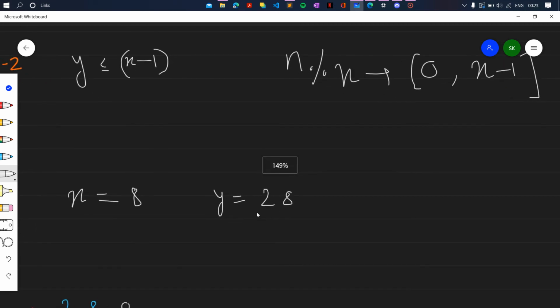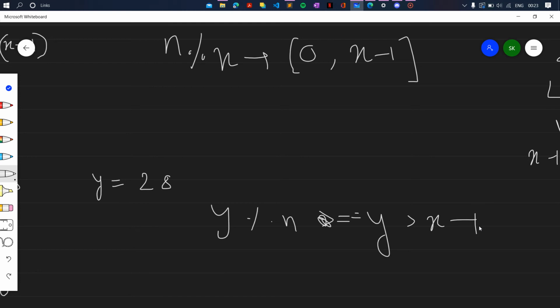Now, if y is greater than x minus 1, then we can't take any value of n which is greater than y, because then y mod n would be equal to y, which is greater than x minus 1, which is not possible because n mod x would always lie between 0 and x minus 1.